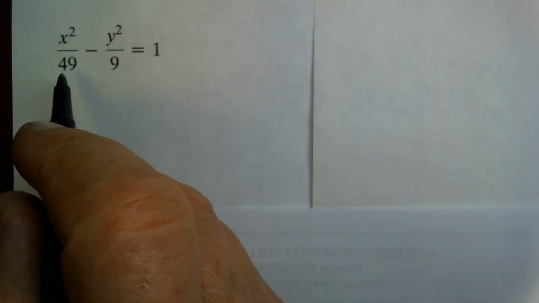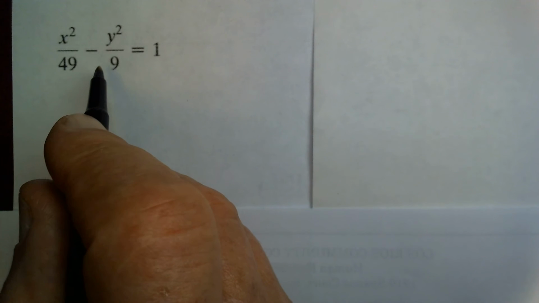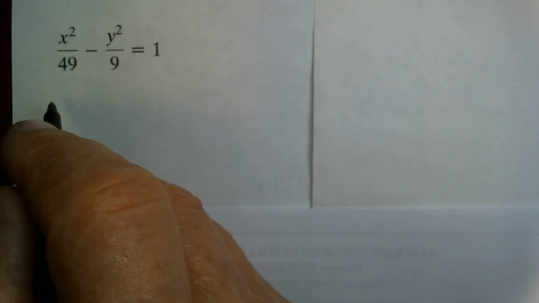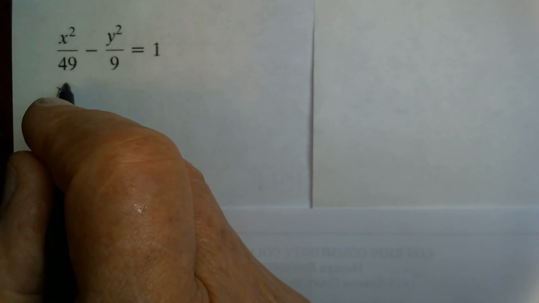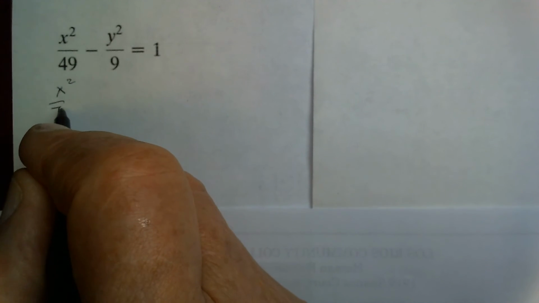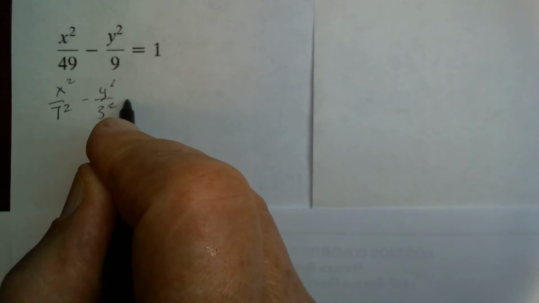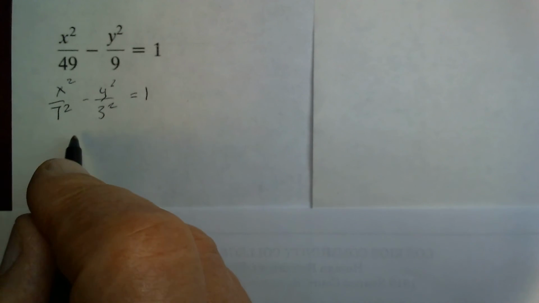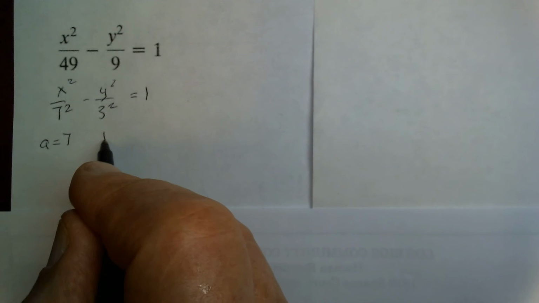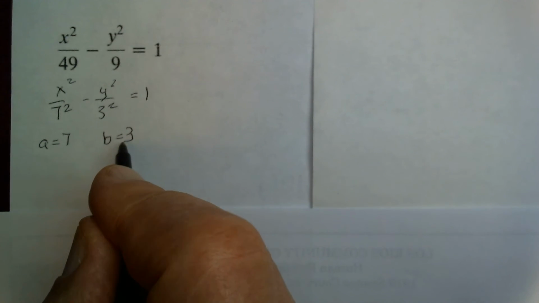Next, we have to graph x squared divided by 49 minus y squared divided by 9 equals 1. So we can rewrite this as x squared divided by 7 squared minus y squared divided by 3 squared equals 1. So it means a is equal to 7 and b is equal to 3.